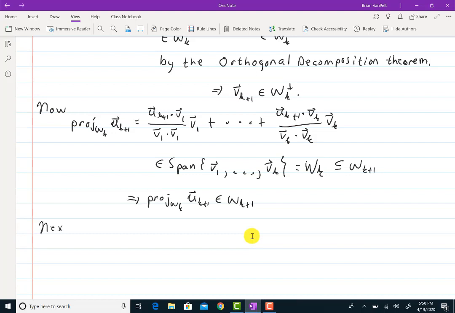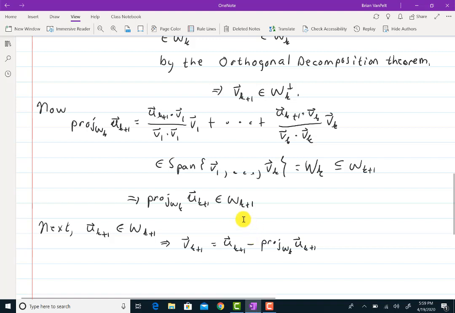Next, u sub k plus 1 is in wk plus 1. Remember, that was the last basis vector added to wk plus 1. So that implies that v sub k plus 1, maybe I should write it again just to be on the safe side, equals u sub k plus 1 minus the projection onto w sub k of u sub k plus 1.